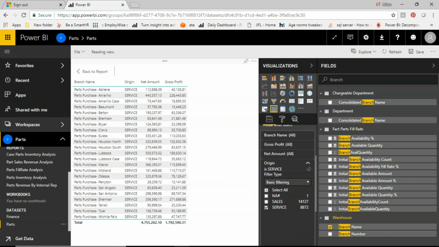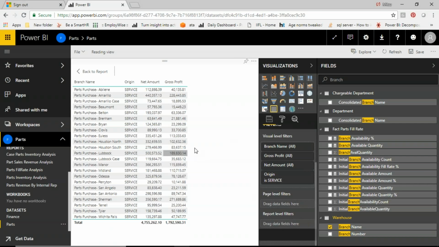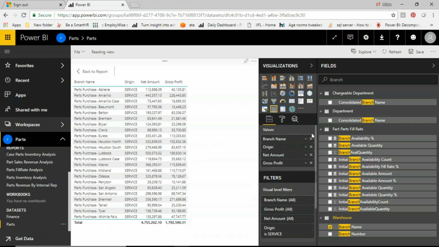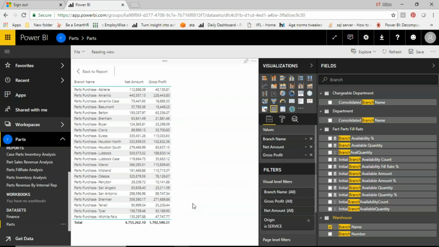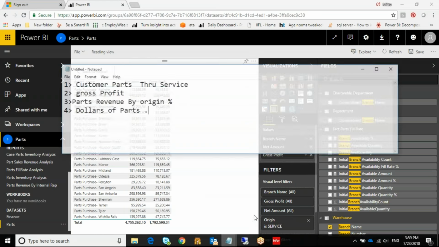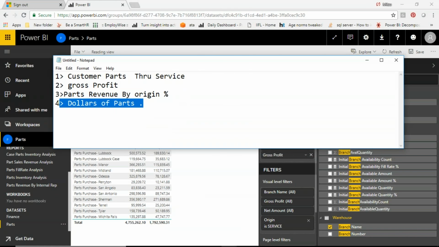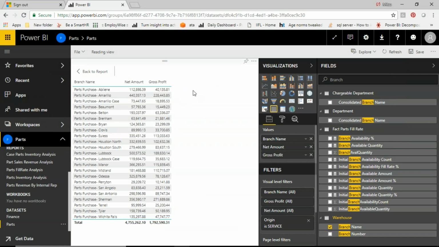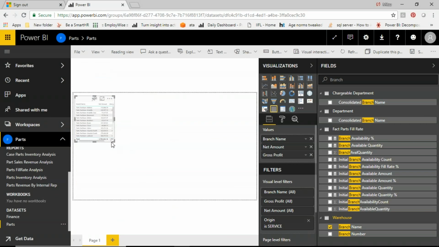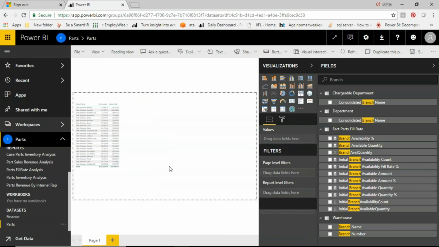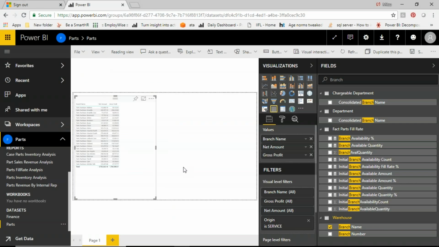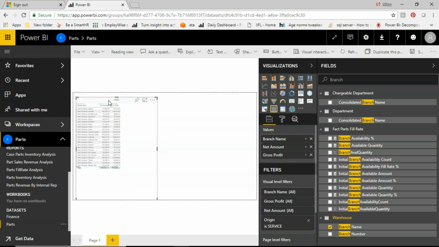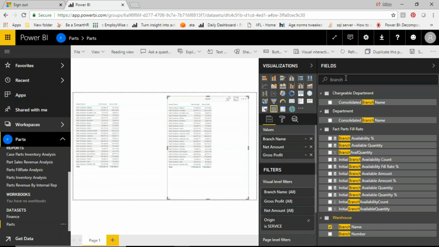That's another way to look at it on service. And this would give you a percentage of total sales as well, like dollars of parts as a percentage.